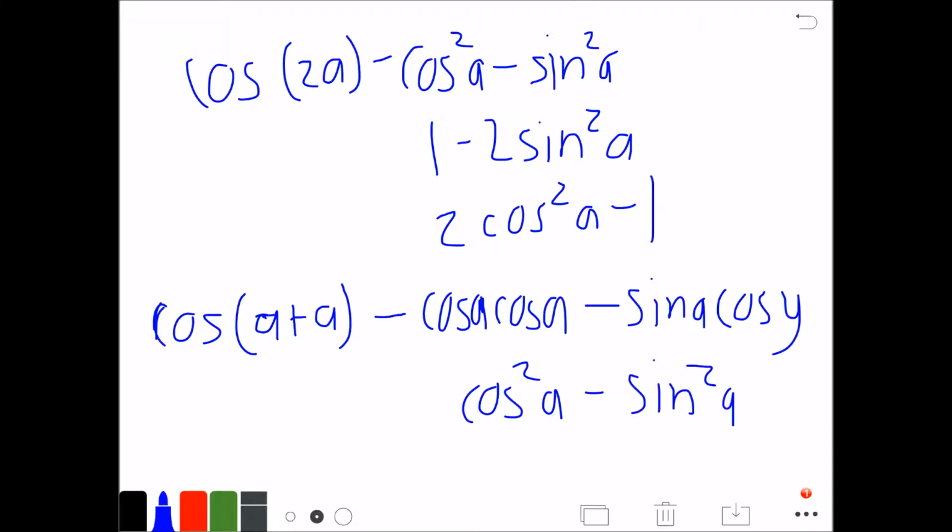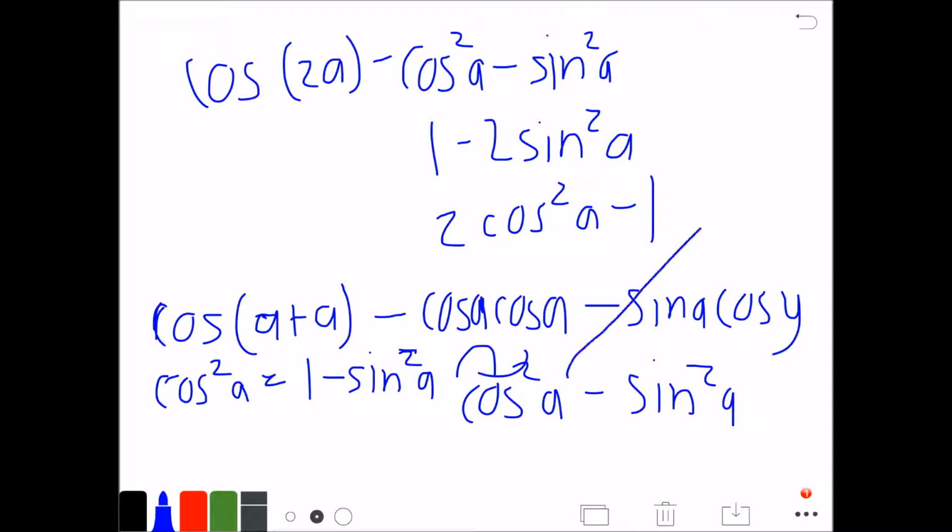And then what you want to do is use the two Pythagorean identities to get the other two forms. So you want to know that cosine squared a equals 1 minus sine squared a. Take that, plug it into the cosine expression, and you should get that proof up there.